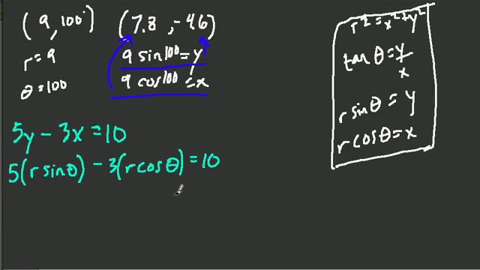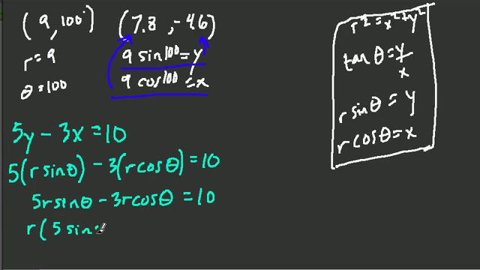We distribute the 5 and the 3, so we get 5r sine of theta minus 3r cosine of theta equals 10. You factor out the r, so you get r times 5 sine of theta minus 3 cosine of theta equals 10.